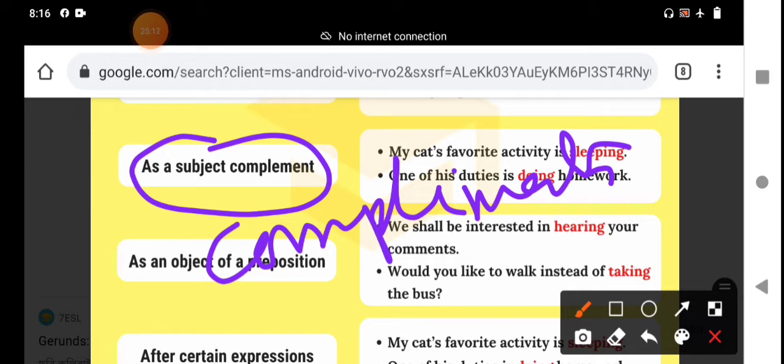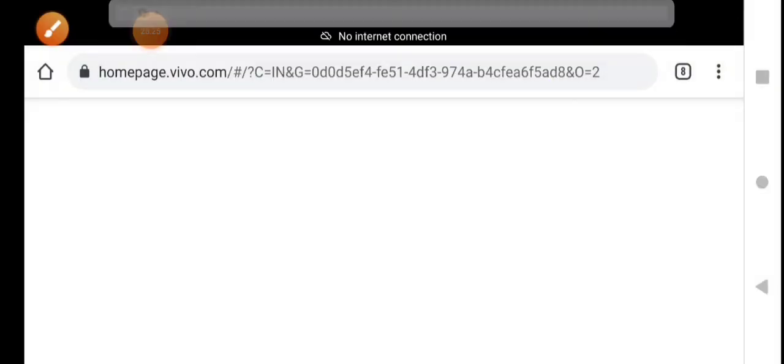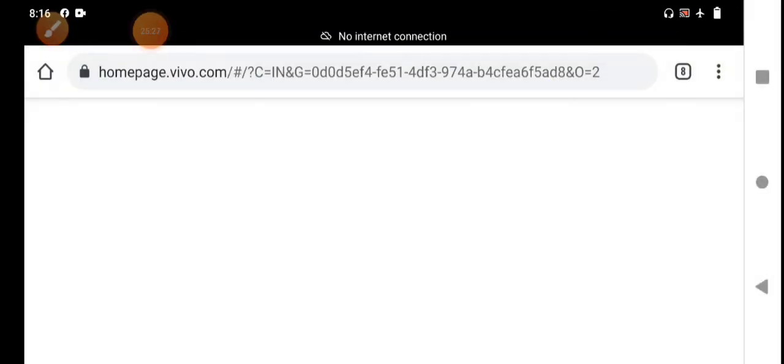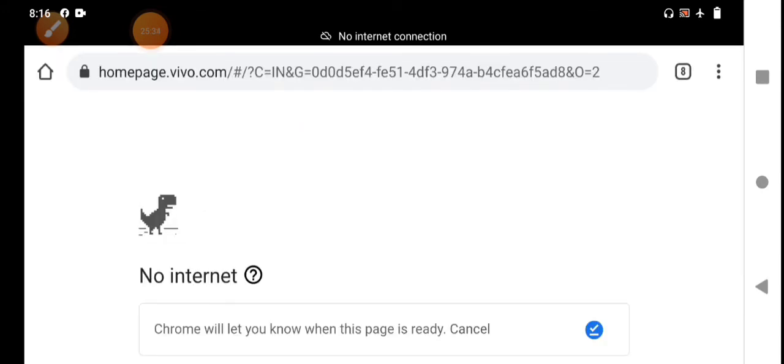My best compliments while writing letters, compliment means praising. This is one meaning. Another meaning in English grammatical terminology, we should understand.